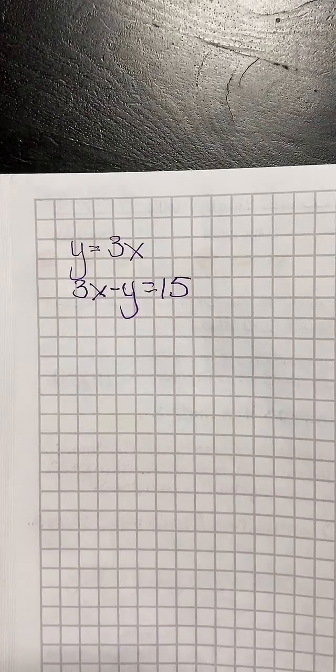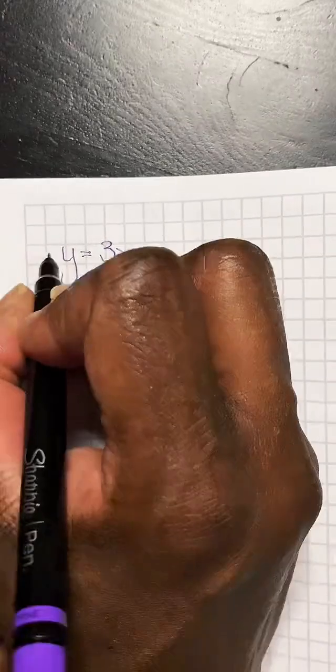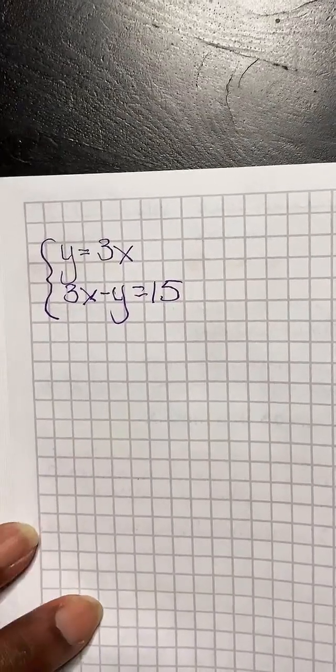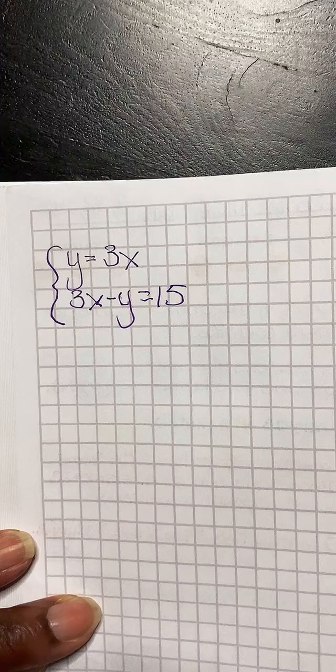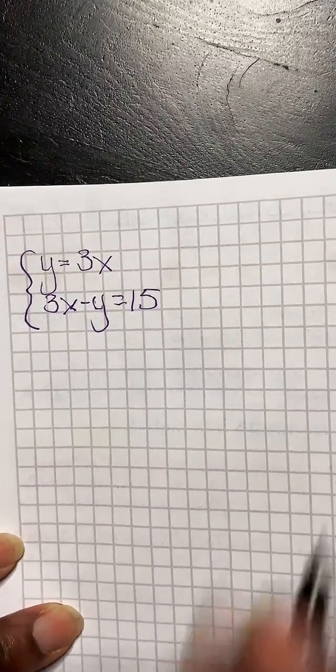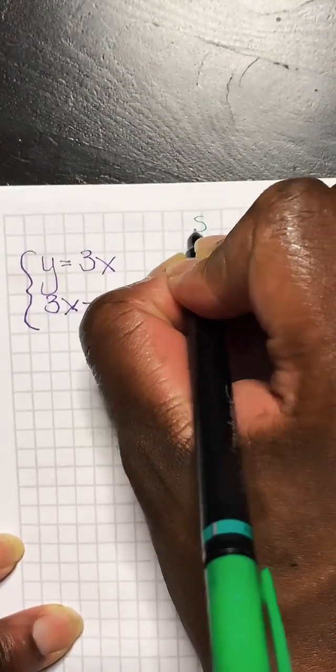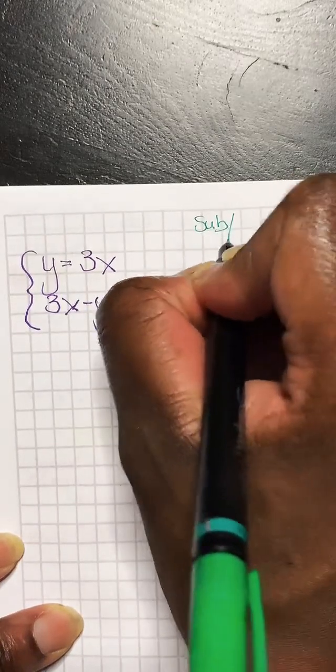Okay, we can solve the way that I know it's a system. We have two equations. So we want to solve this, and we can solve it by either substitution, which I'm going to say sub, or we can do elimination.